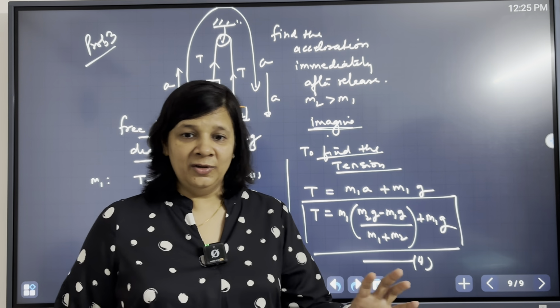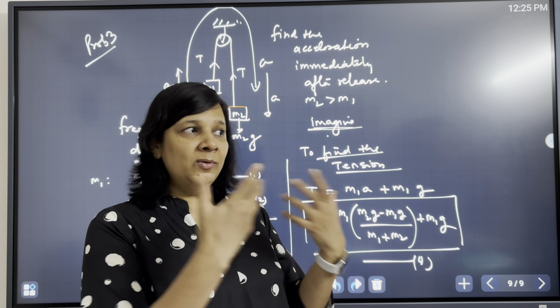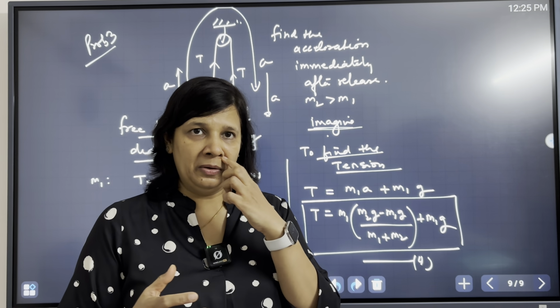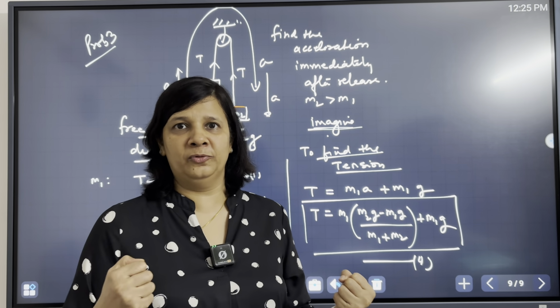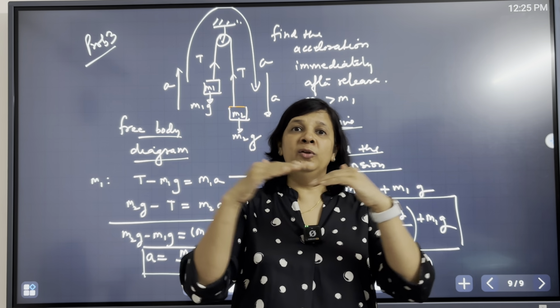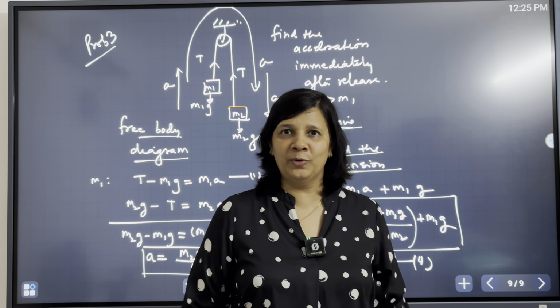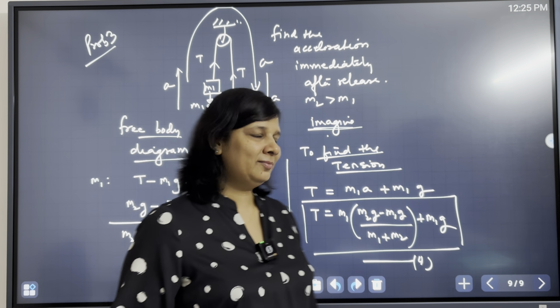Okay, but you should always have an intuition of calculating directly the acceleration with the help of net external force. Okay, all the internal forces which form the Newton's third law pair, they will cancel each other. Okay, that is an important point to note down.